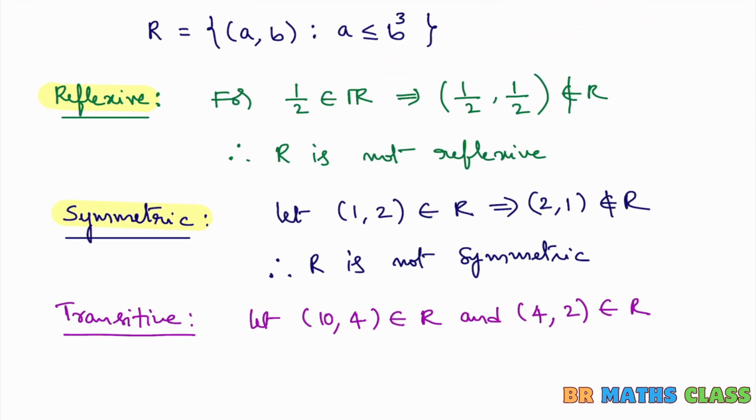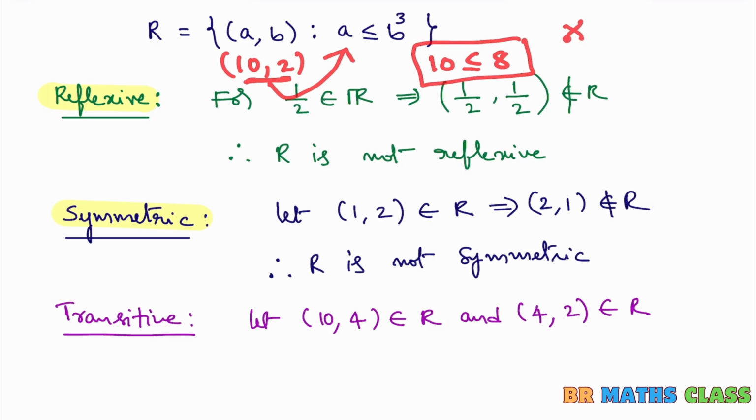So I identified a pair such that x, y, z. See, x, y, z. I identified a pair. I need to check whether (10, 2) is there in this relation or not. 10 is a real number, 2 is a real number. Now you substitute this ordered pair in this. In place of a, you write 10. In place of b, you write 2. 2 cube is 8. Is 10 less than 8? No. Is 10 equal to 8?